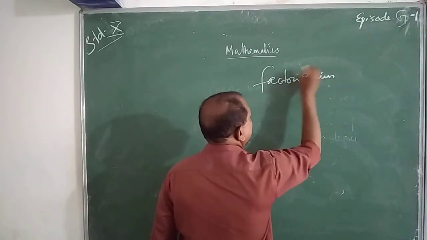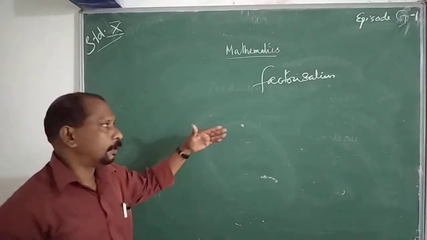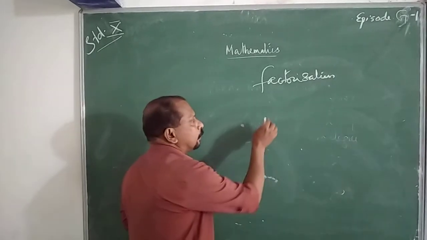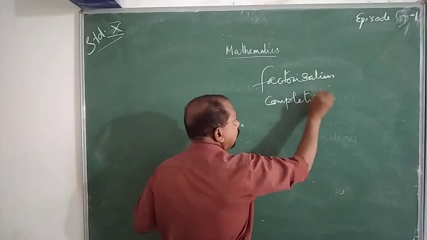Second one is we can complete the given equation into perfect square form, that is completing the square.